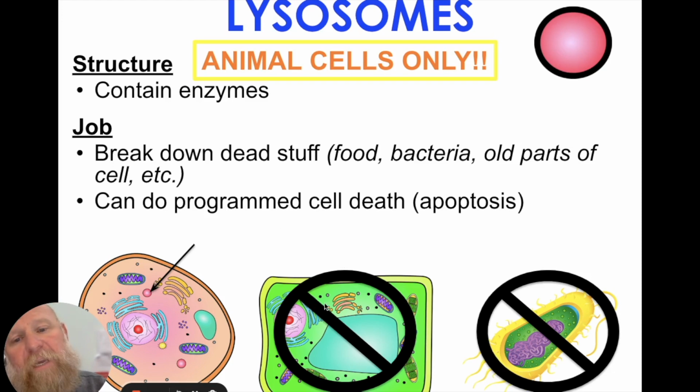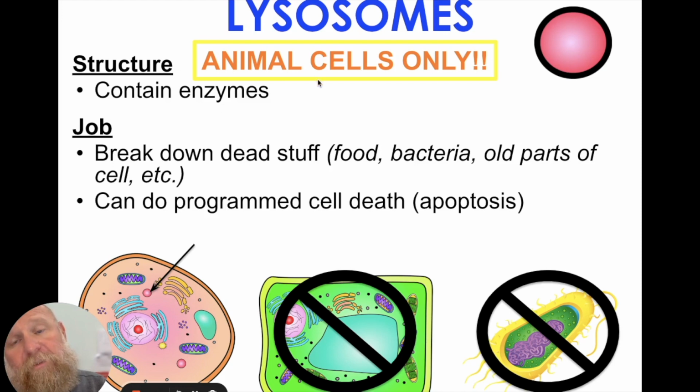But there are some scientists who do believe that plant cells have lysosomes in them. But for us, let's just go ahead and state animal cells only. That's tough for me to say inside of science in general, but for testing purposes, animal cells only have lysosomes.